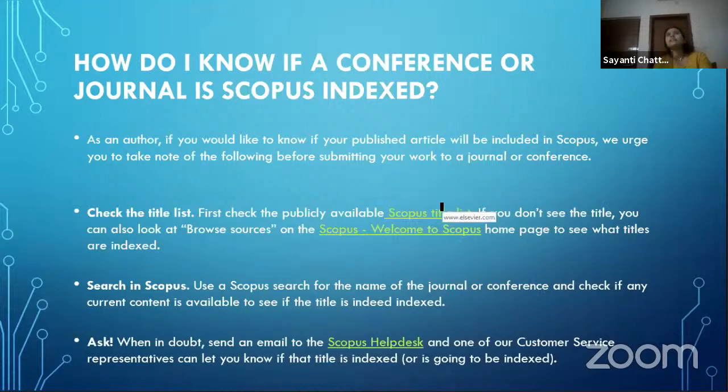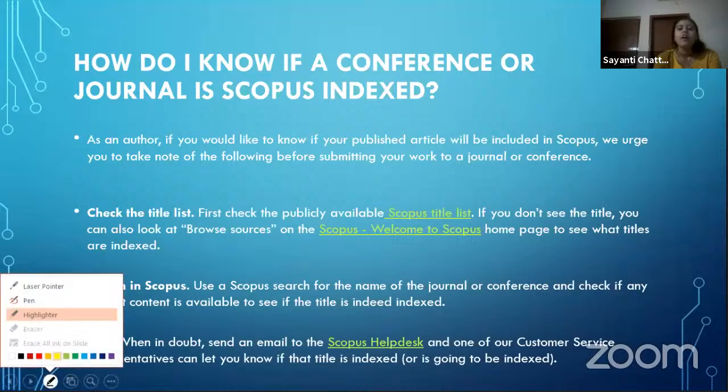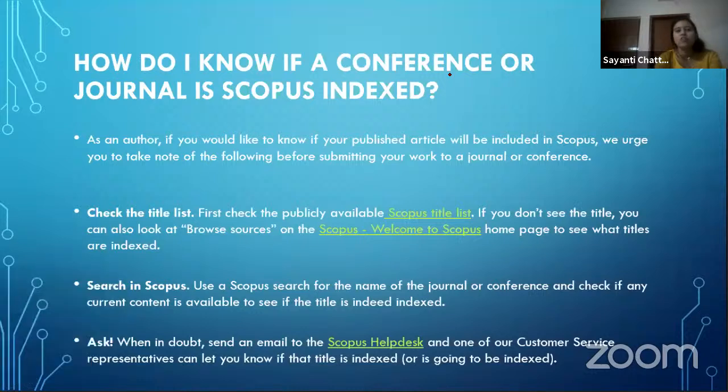Sometimes some journals' Scopus indexing ended in 2020, but in 2021 they are still writing that our journal is Scopus indexed. That's why when you get one journal, before submitting, go to Scopus and check whether it is Scopus indexed or not. Similarly, you will check whether it is SCI indexed or not.